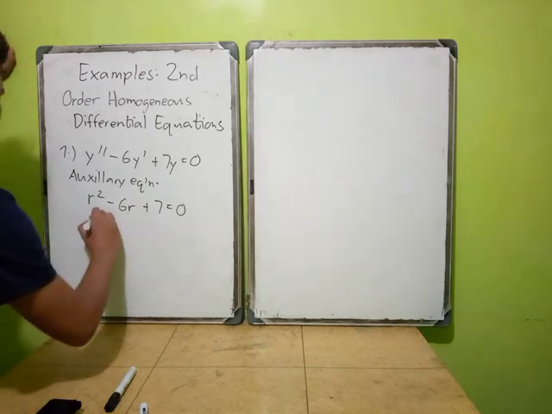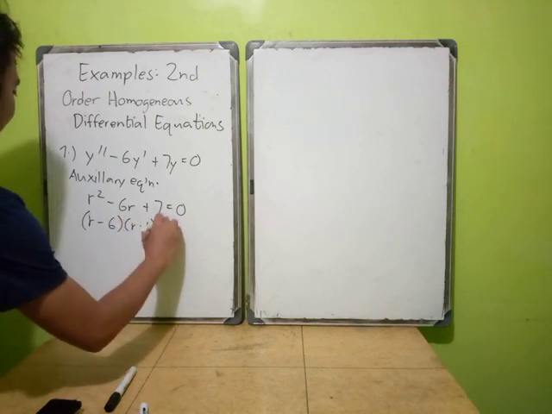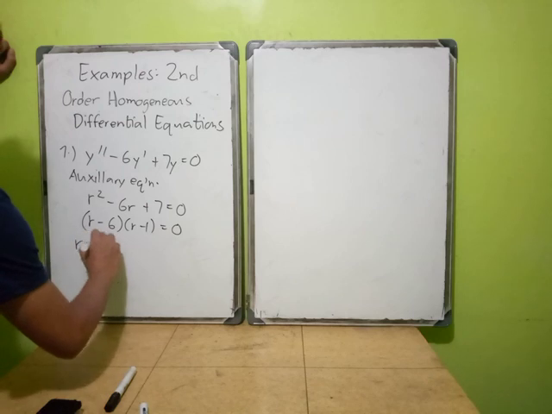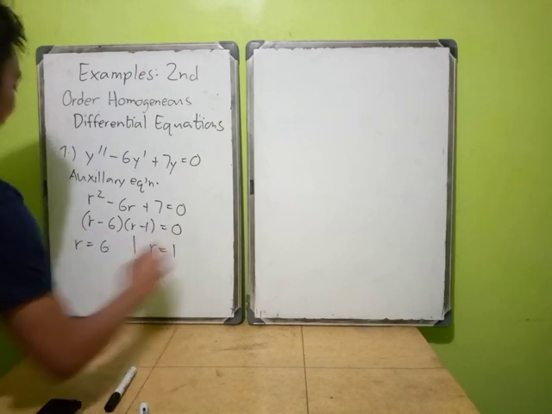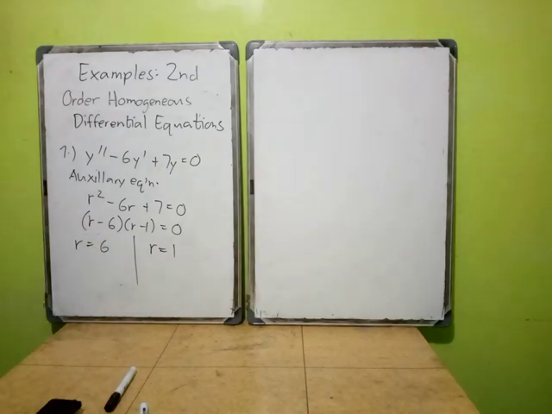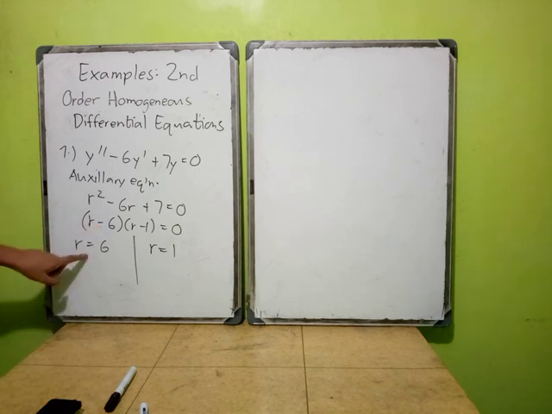So the factors are r minus 6 and r minus 1 is equal to 0. Therefore, we will have two roots, which are r equals 6 and r equals 1.